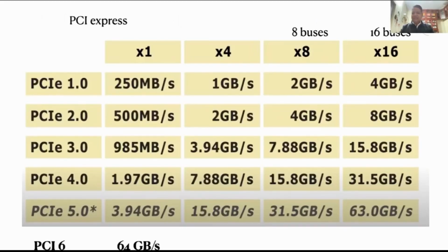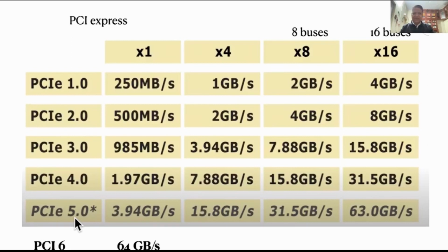Now let's look at the speeds of these lanes. PCI 1, which is old generation. This is Peripheral Component Interconnect, PCI. PCI 1, first generation, x16, the 16 lanes, is 4 gigabytes per second. Then PCI 2. Presently we have PCI 5 or PCI 6.